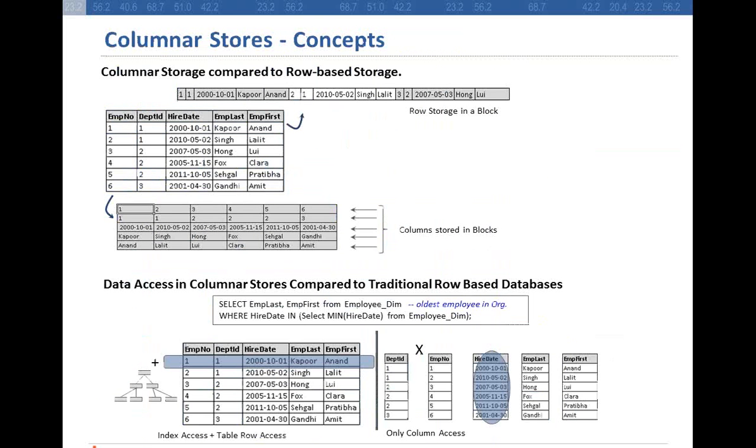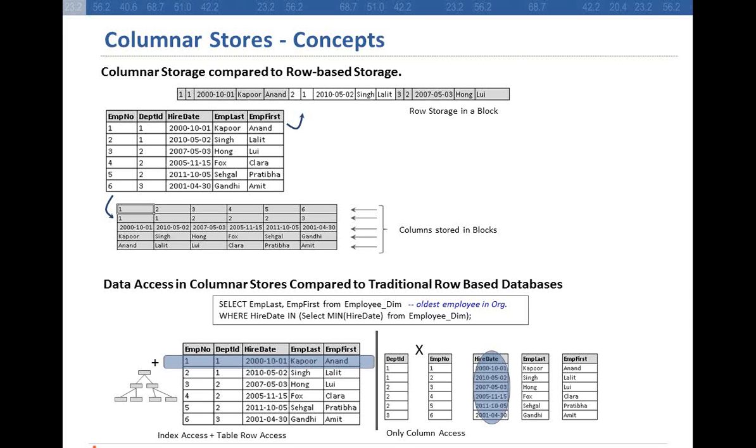Columnar databases have a different way of physically storing data as compared to row-based databases. Now, not all MPP systems are columnar, but today we will basically cover those which are both MPP as well as columnar.